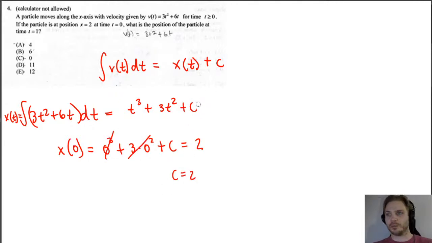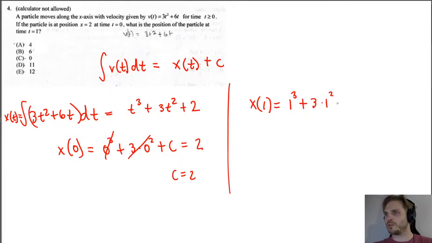So I can update this function here. Okay, so that's our position function now. So then what is the position of the particle at time t equals 1? So x of 1 is equal to 1 cubed plus 3 times 1 squared plus 2, which is equal to 1 plus 3 plus 2, which is 6.